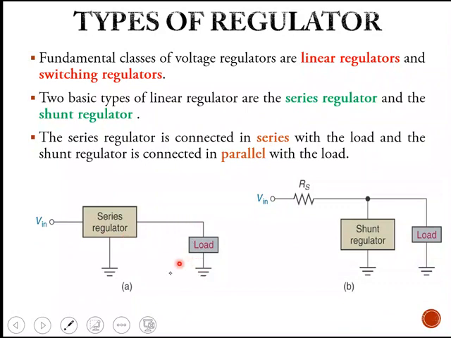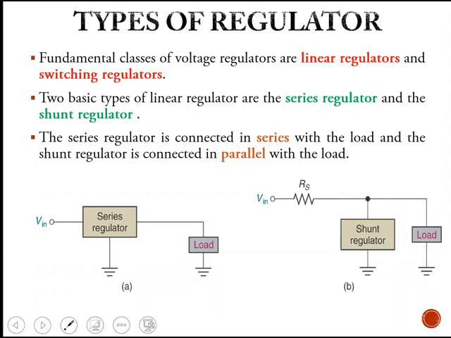In series regulator, the control element which adjusts the output voltage is connected in series to the load, whereas in shunt regulator, the control element is connected in parallel to this load.